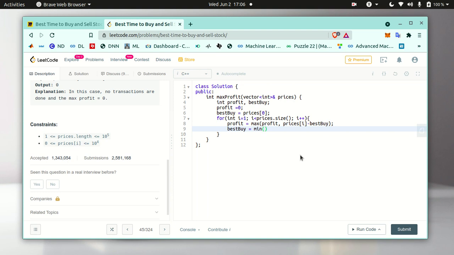previous best buy and the current price, right? Yes, so we are finding a better opportunity to buy the stock. In case the current price was lower than the previous best buy opportunity, then we would have updated this value, and at last we have to just return the profit, right?